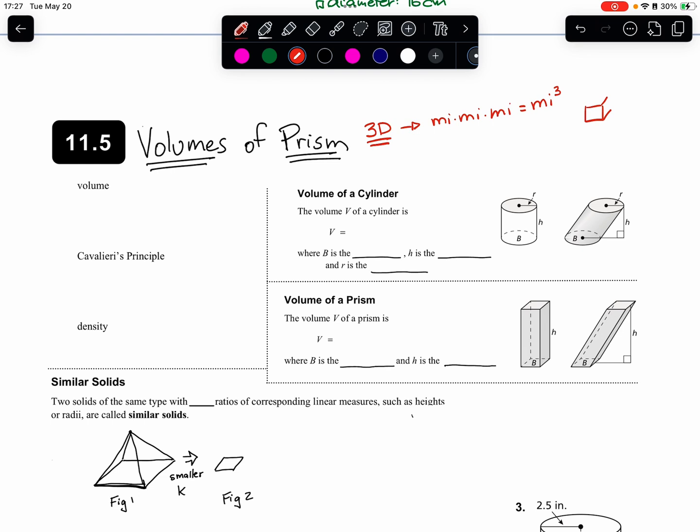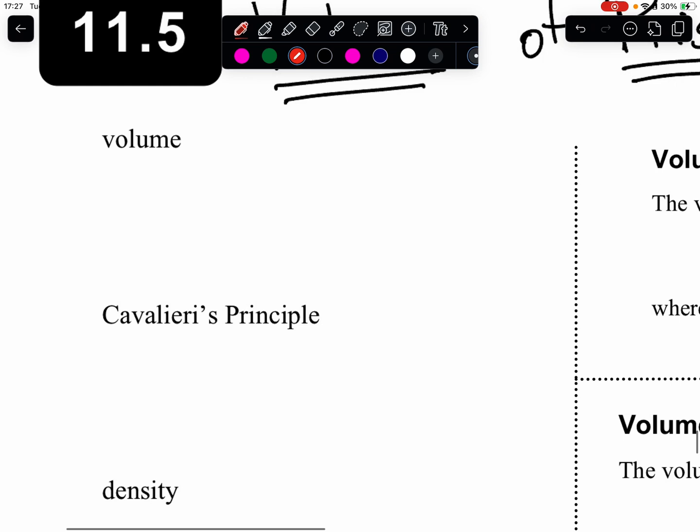Which, if I think about it, this is a little cube, think like a die, that is 1 mile by 1 mile by 1 mile deep. All right, here we go.